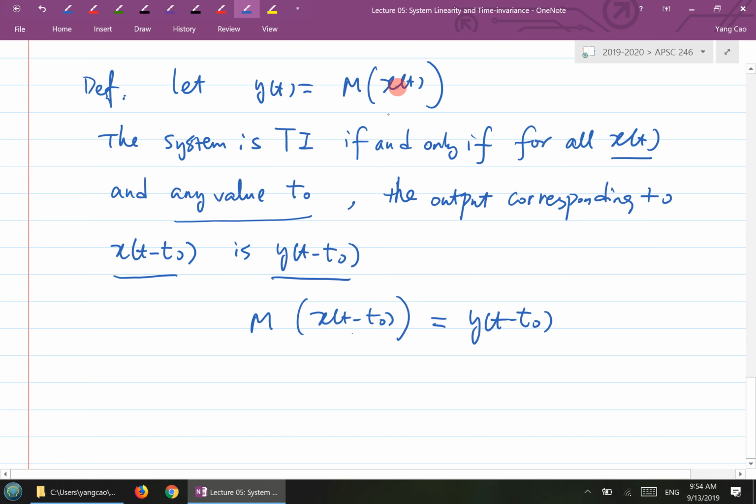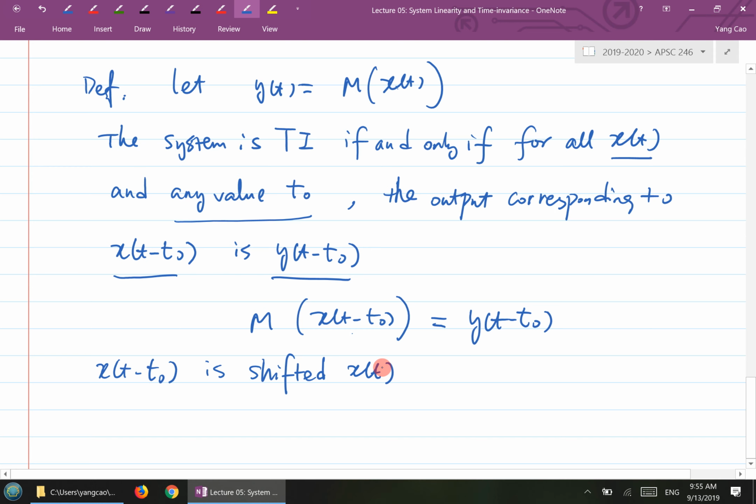It's minus t naught, which, as you learned in your first tutorial, means we shift to the right. So x of t minus t naught is the shifted version, shifted to the right by the amount of t naught. Of course, if t naught is less than 0, then you're shifting to the left. So basically, you change the input to a shifted version of the original input.